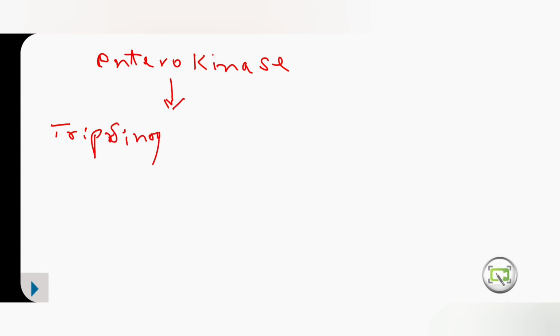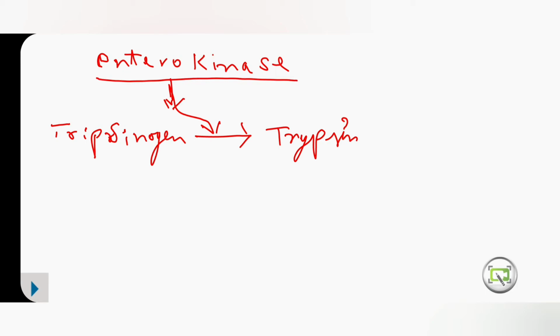That trypsinogen is converted into trypsin by the action of this enterokinase. So this activation of trypsinogen present in pancreatic juice into trypsin is regulated by enterokinase, which is an enzyme present in succus entericus.